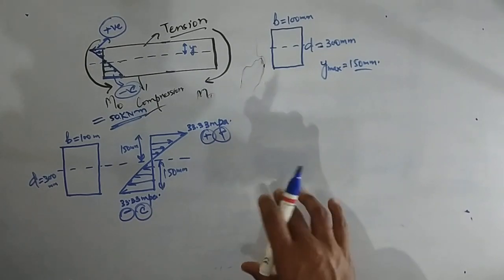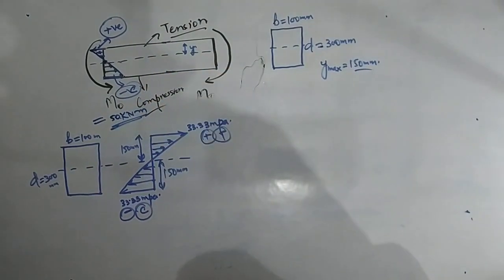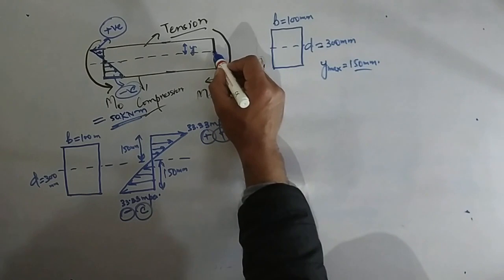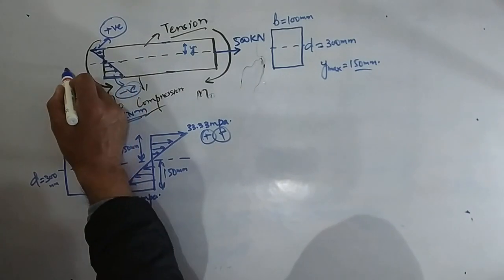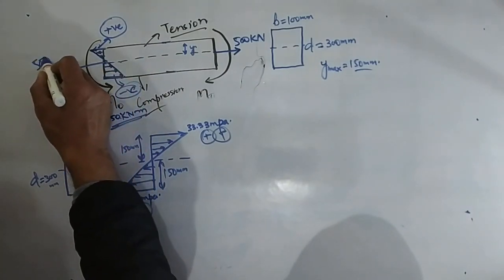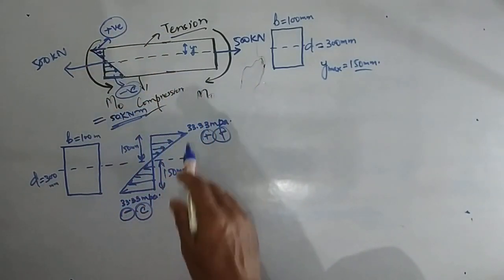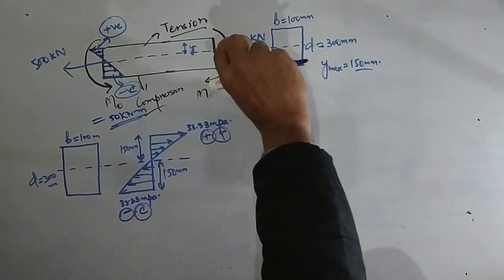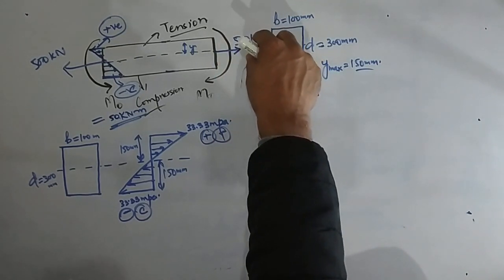Now, if I change the loading conditions, the neutral axis can shift upwards or downwards. It will depend upon the intensity as well as the loading type. Now let my beam be subject to an additional direct load of, let's say, 500 kilonewton. Since these bending stress values were due to the moment of 50 kilonewton meter alone, now I'll calculate the direct tensile stress due to this load of 500 kilonewton.